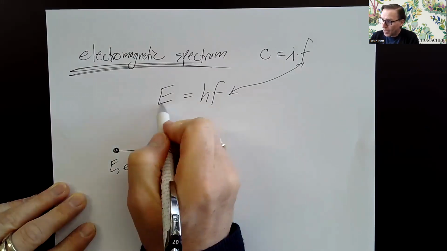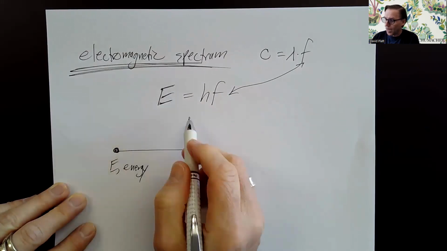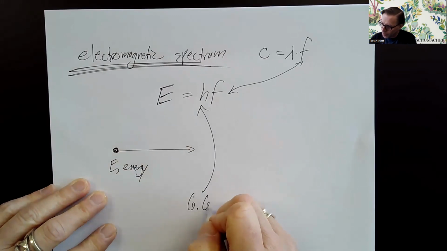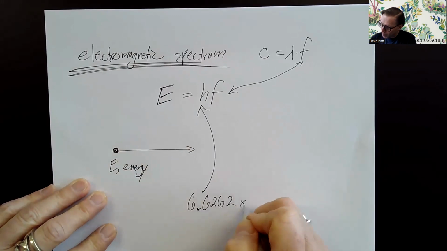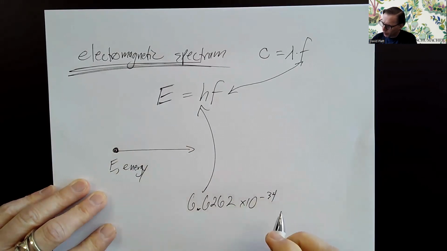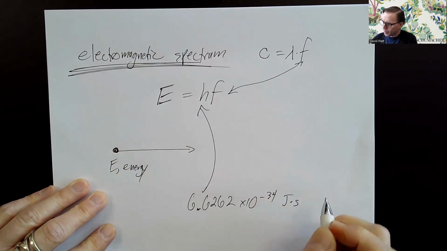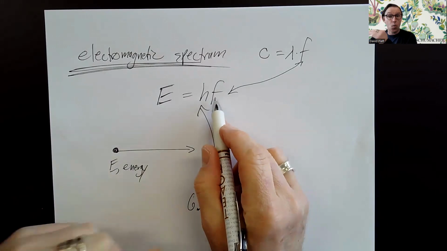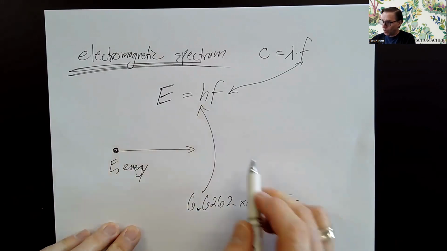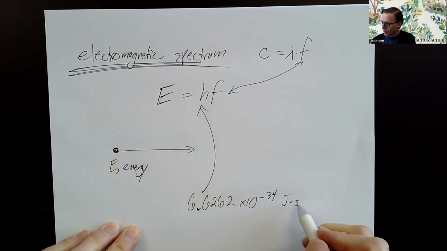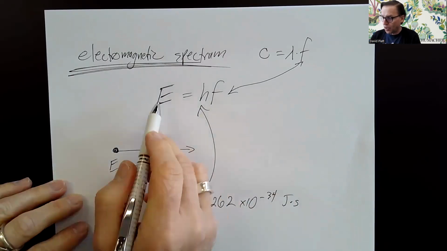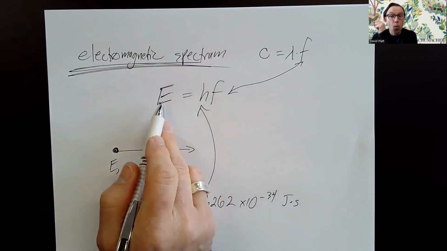Well, E, the energy carried by a particle of light, is equal to H, this constant, which is just 6.6262 times 10 to the minus 34th, small number, joules times seconds, times the frequency. And of course, the frequency is in 1/seconds. So the 1/seconds in frequency cancels out with this second here, and it gives me an energy in joules. This tells me how much energy is carried by one little particle of light. That little particle is called a photon.